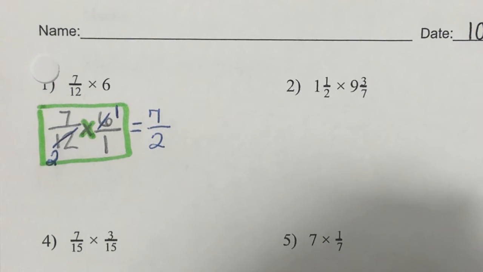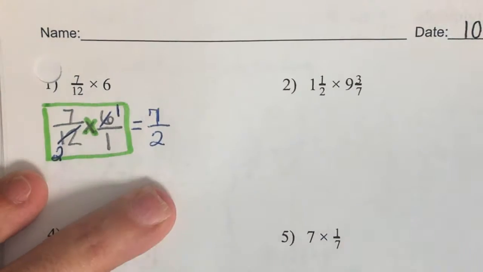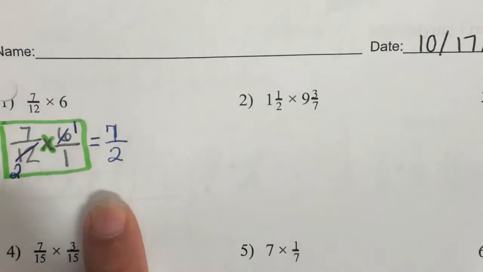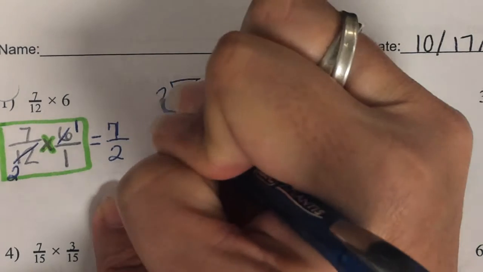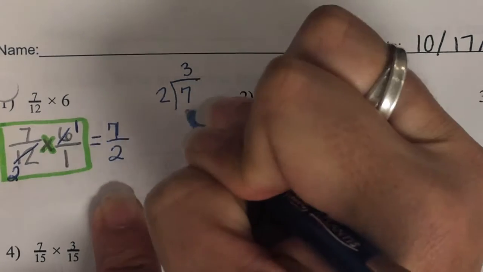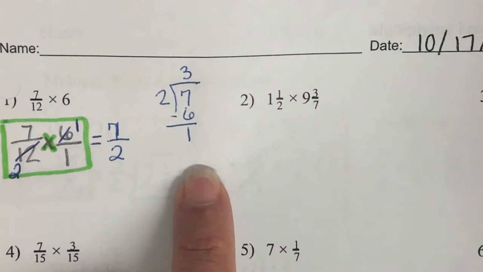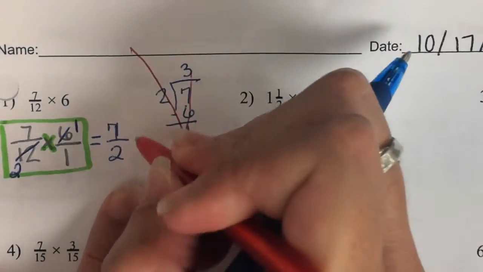Okay, and the last thing, this is still getting a few friends. I'm trying to show you one last time. If your top number is larger, I need you to divide 7 divided by 2. 2 times 3 is 6. And I got my backwards check mark. It is 3 1/2.